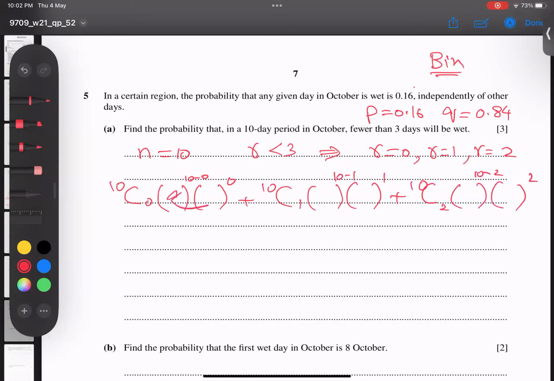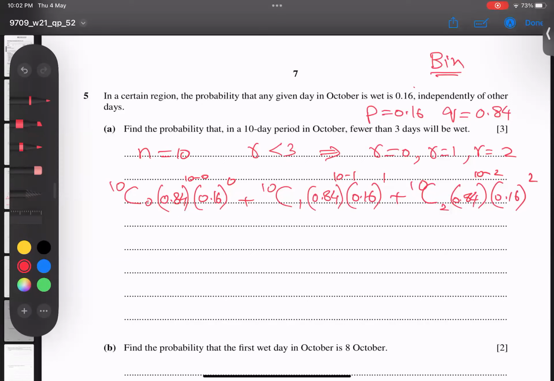And the first q comes, which is 0.84, then 0.16. So 0.84, 0.16, 0.84, and 0.16.